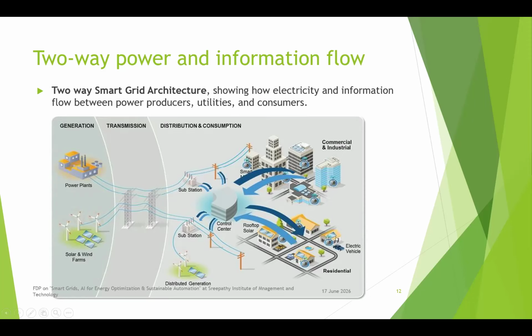E-vehicle use has increased now, so power is also given to them. This dark blue is from the transmission, and it is distributed to the customers. Again, the light blue color shows the bidirectional way, where data or information is transferred to the control center.